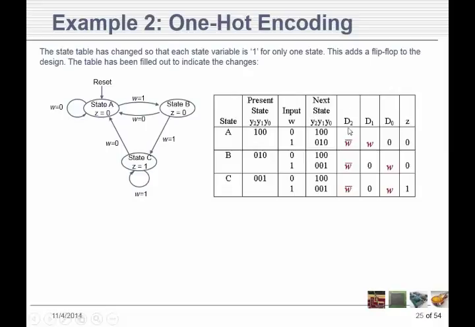And the next state for this one, it's nice on D flip-flops, for your next state you put what you want for the next state. So here, if W is 0, I want the next state to be 1. If W is a 1, I want the next state to be 0.